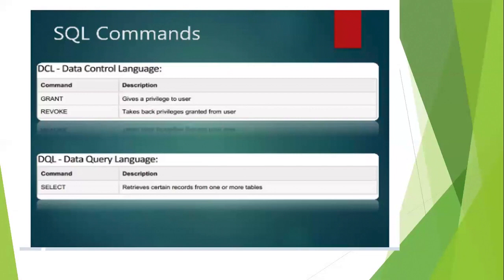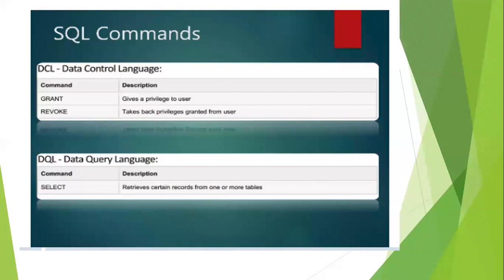Whenever you are working as a data analyst, you will have access to all the tables you are supposed to use. You don't have to create grant for yourself. Somebody will give grant for you, maybe the DBA who is managing the database. Then data query is a simple query which will retrieve some records from the data.